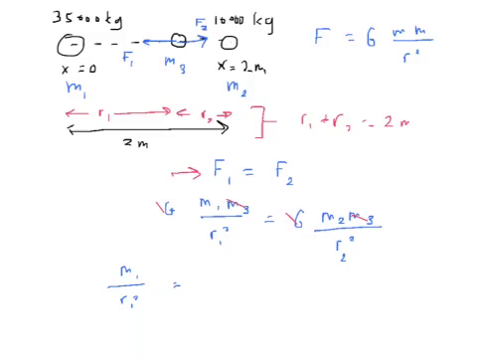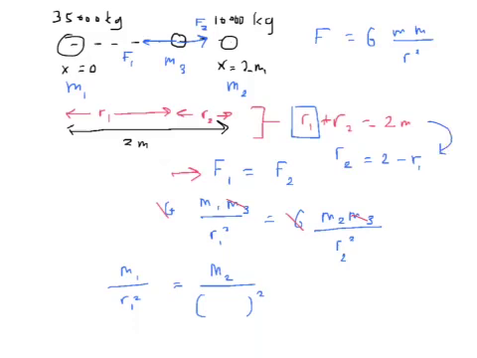But I'm going to make life a little bit easier. Well, not easier. In order to solve for this problem, what they're asking us to find is R1, right? That's what we're trying to find, which means that we're going to have to get rid of R2 right here and replace it with 2 minus R1.